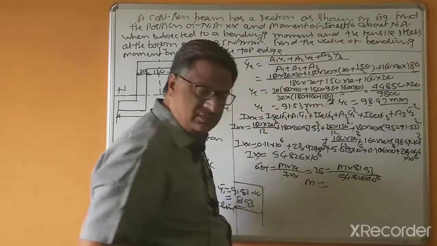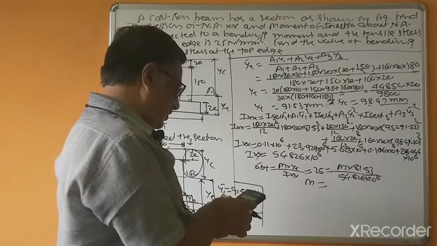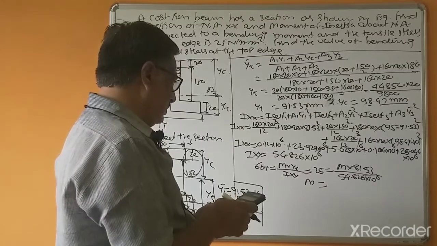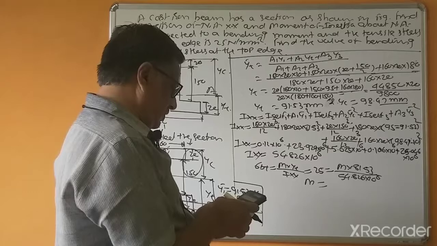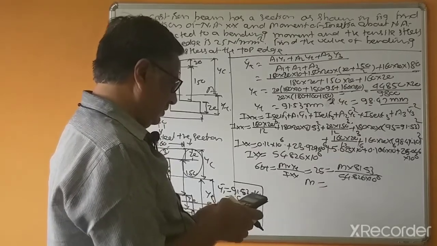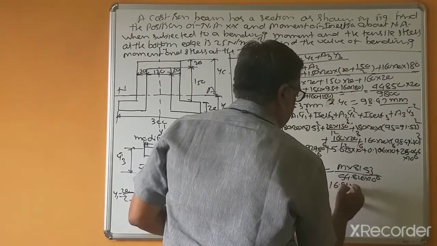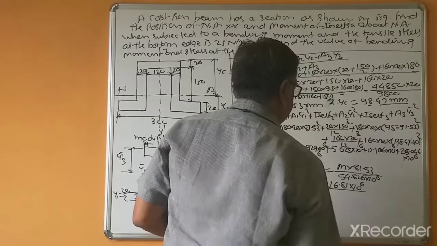M equal to 25 multiplied by 54.826 into 10 to the power 6 divided by 81.53. This is equal to 16.81 into 10 to the power 6.